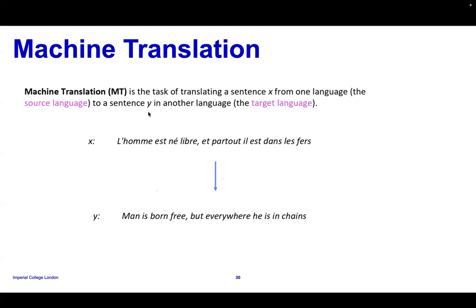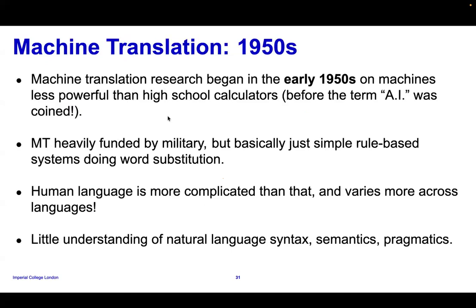So machine translation is the task, as we know, of taking one sentence and translating it to another, right? And the research for machine translation started long ago, since 1950, before even AI was used. At that point it was basically done using a rule-based system, doing word substitution.